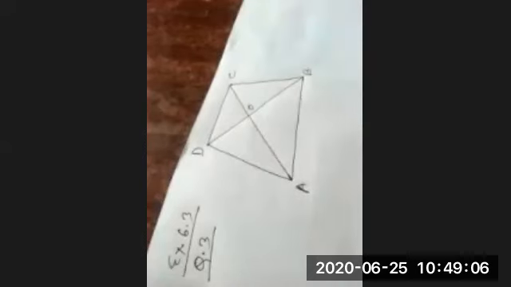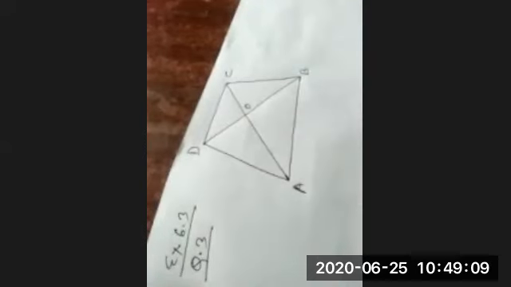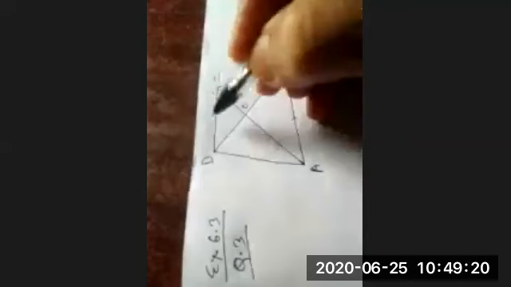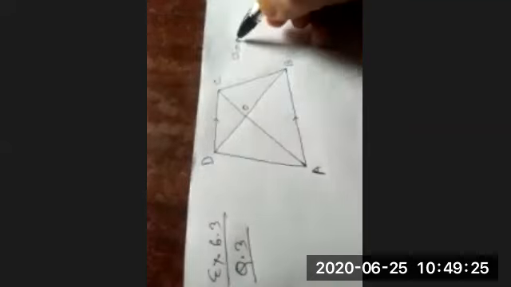And suppose this is intersecting each other at O, with AB parallel to DC. This is the trapezium. Intersect each other at the point O, and using the similarity criteria of two triangles, show that OA divided by OC is equal to OB divided by OD.